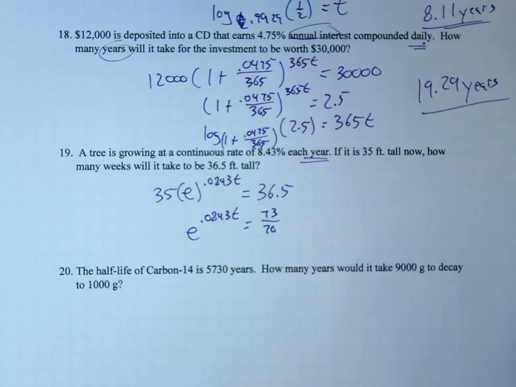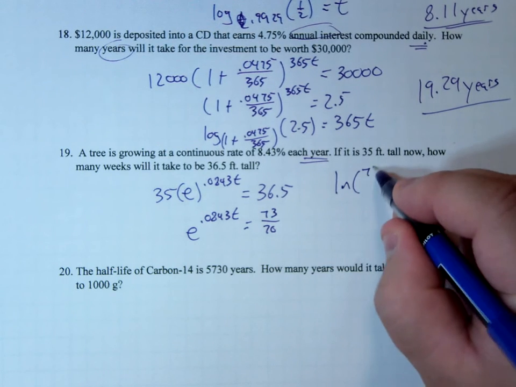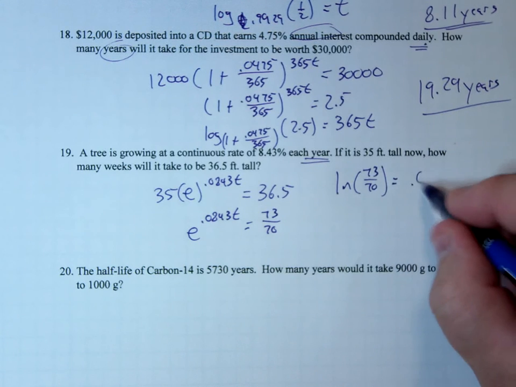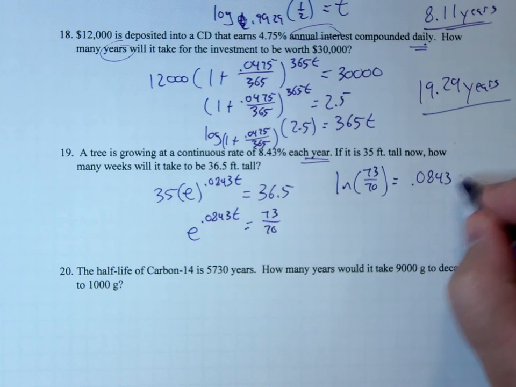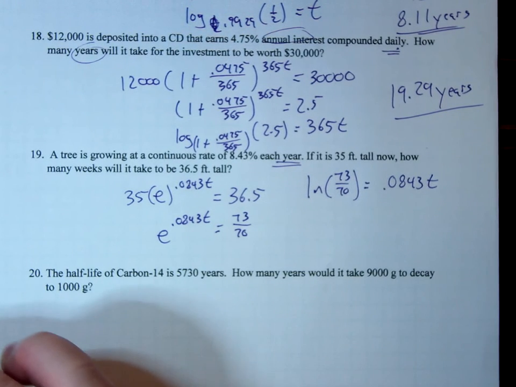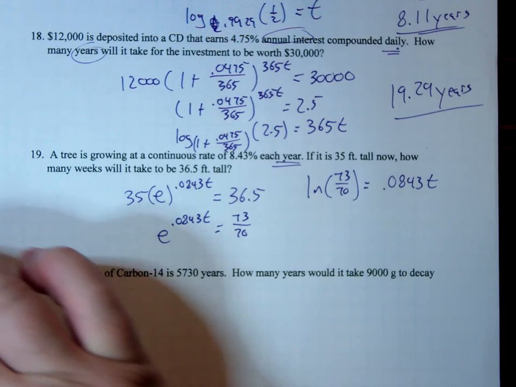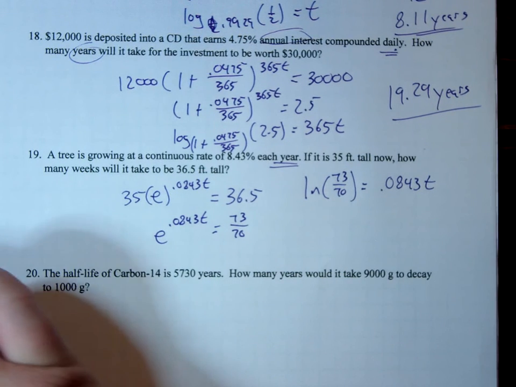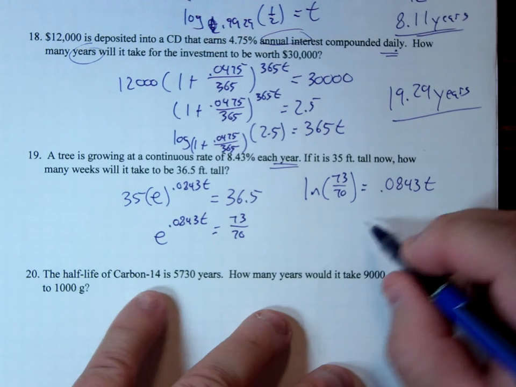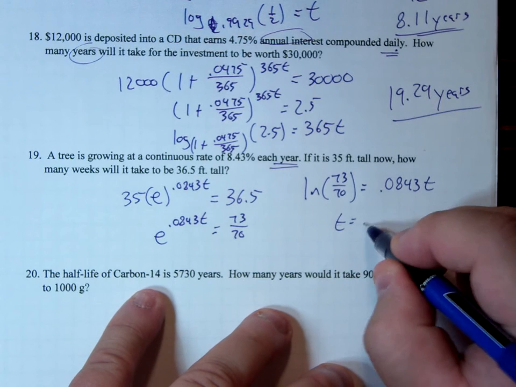So that would be the natural log of 73 over 70 equals 0.0843 t. So natural log of 73 over 70, divide that by 0.0843, gives me let's just say 0.50.